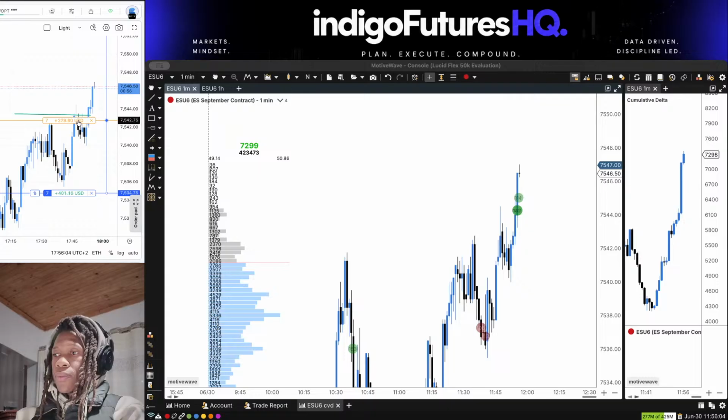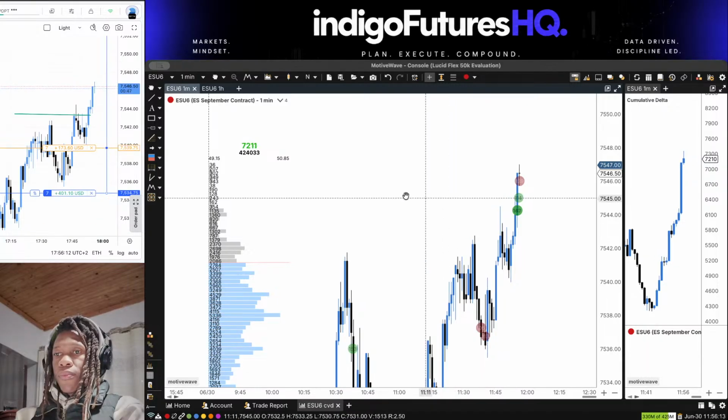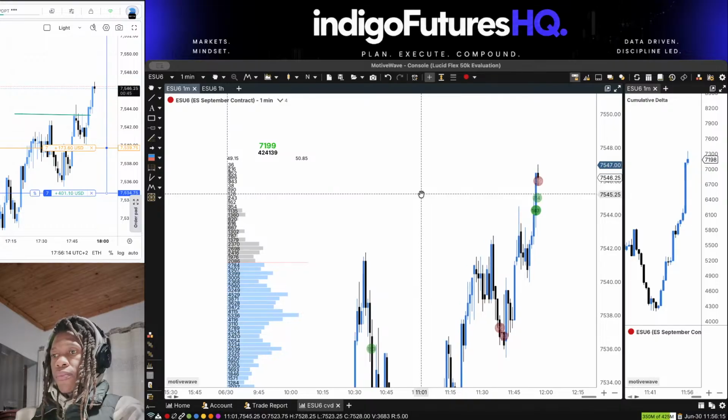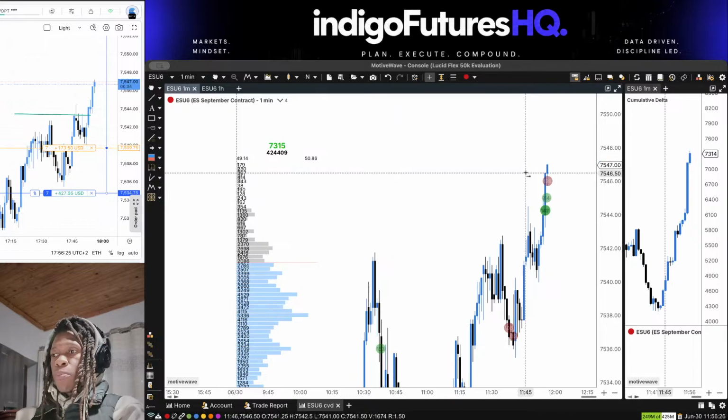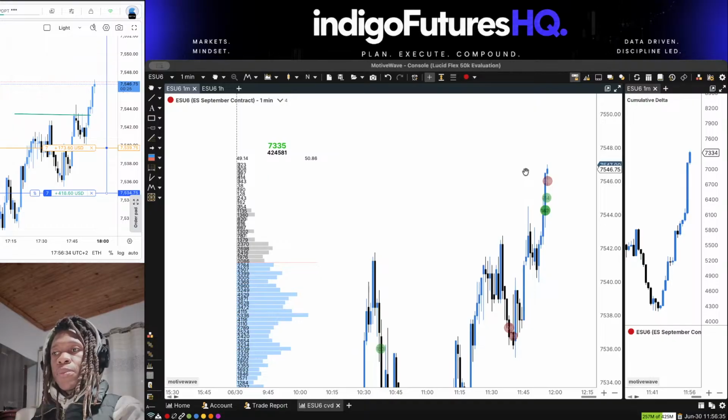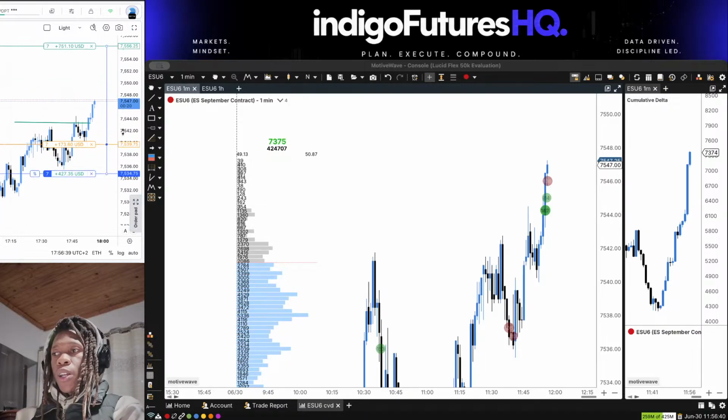We need this up move to continue now. 547, 550. 550 seems like a logical place where we could put our stop, to be honest. We're going for 556.